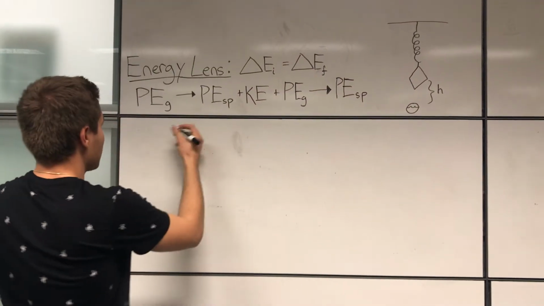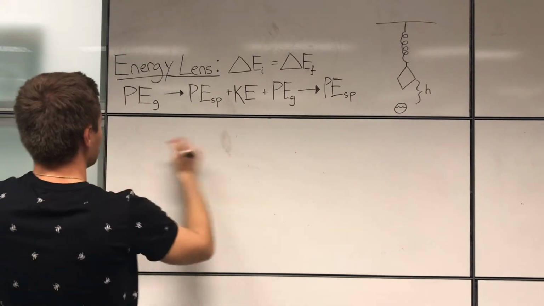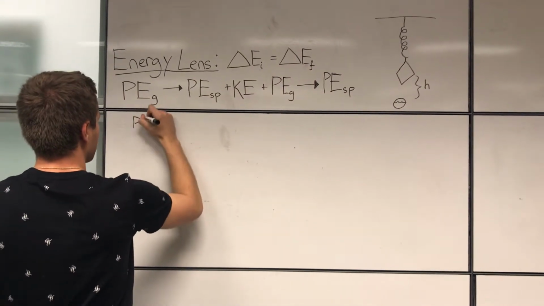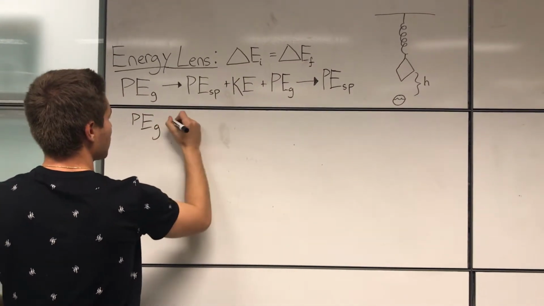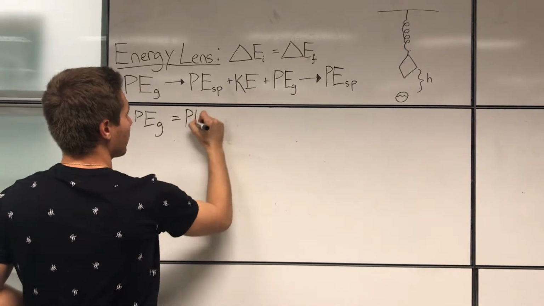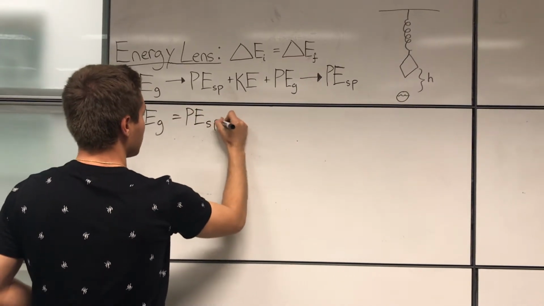So we can set these two equal to each other: gravitational potential energy is equal to the potential energy of the spring.